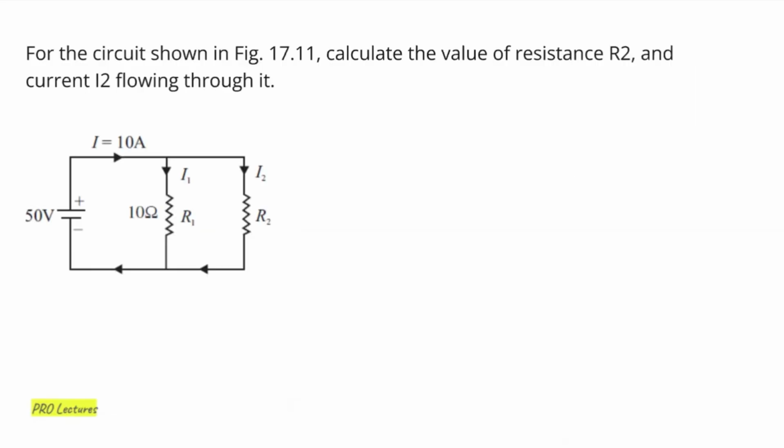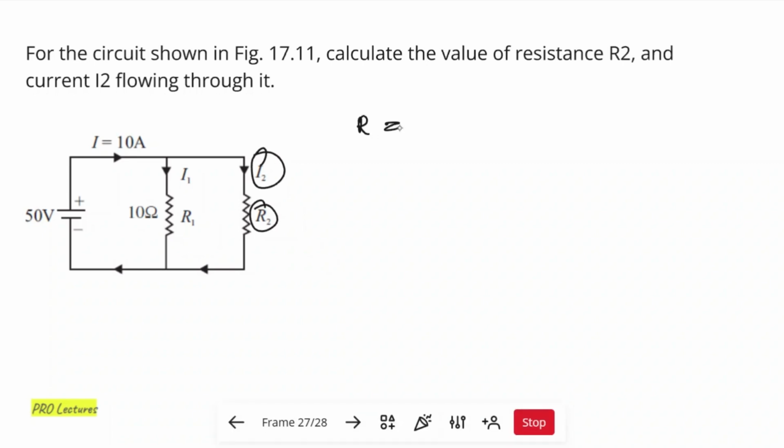Consider this example. For the circuit shown in the figure, calculate the value of resistance R2 and the current I2 flowing through it. This is the problem with parallel combination of two resistors. So the equivalent resistor R is equal to R1 R2 by R1 plus R2. We know that R1 is 10 ohms.